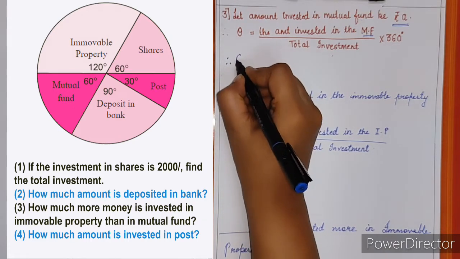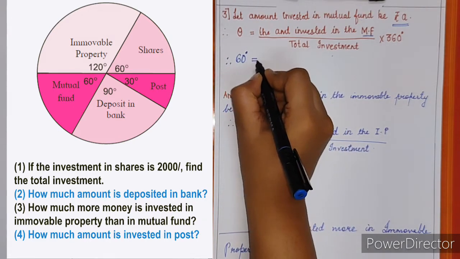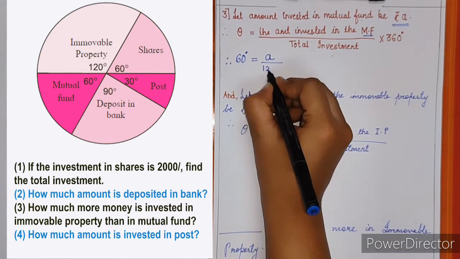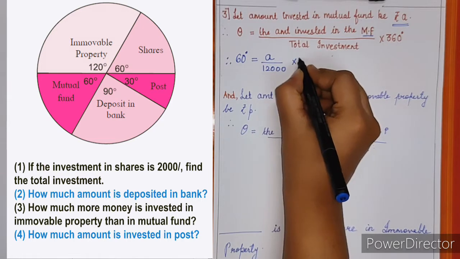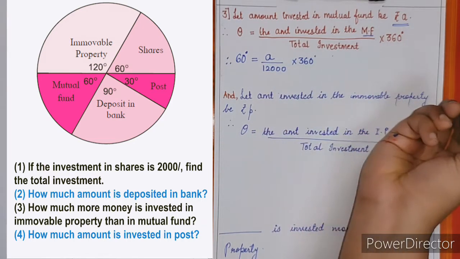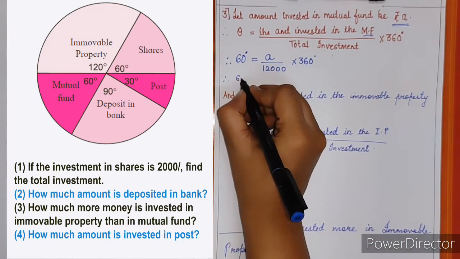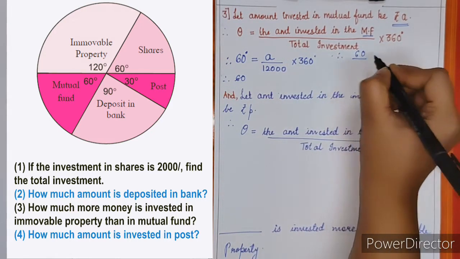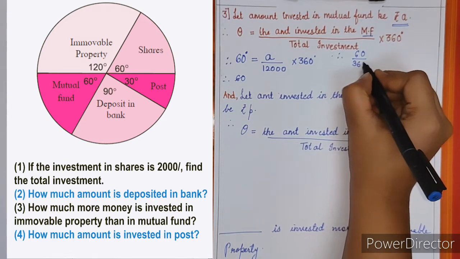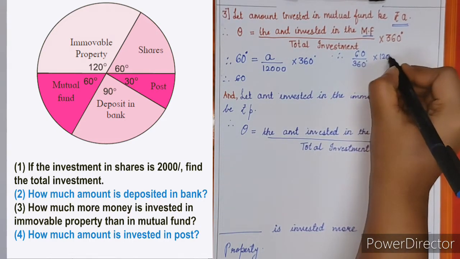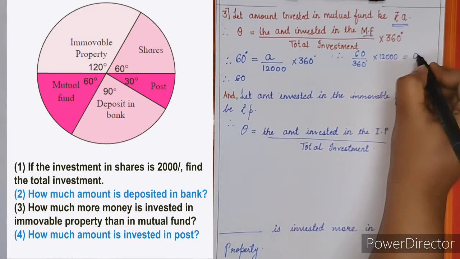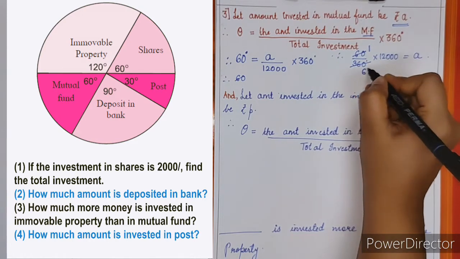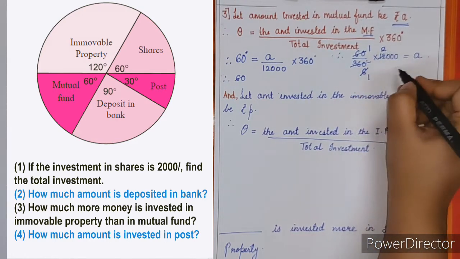So therefore 60 degrees equals A, the amount invested in a mutual fund, upon total investment 12,000, into 360 degrees. The calculation is the same. Therefore 60 upon 360 into 12,000 equals A. So again it is 1 6 is 6, 1 and 2.